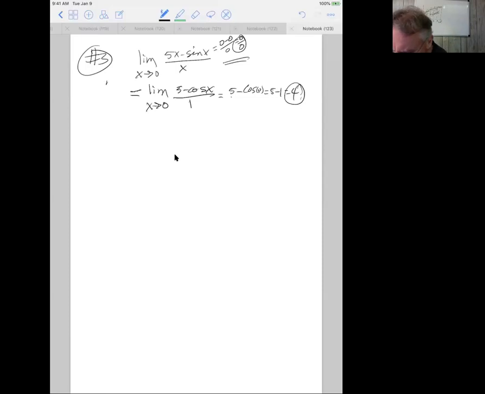All right, that's 3A. 3B is the limit as x goes to 0 of sine x over e to the x. On this one, it's a matter of plugging in the 0, just check it out first, and you get sine of 0, which is 0, and e to the 0, which is 1.